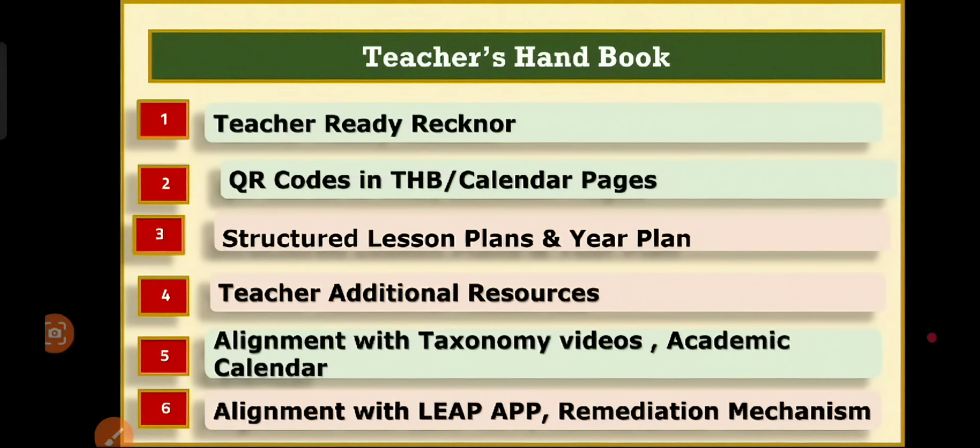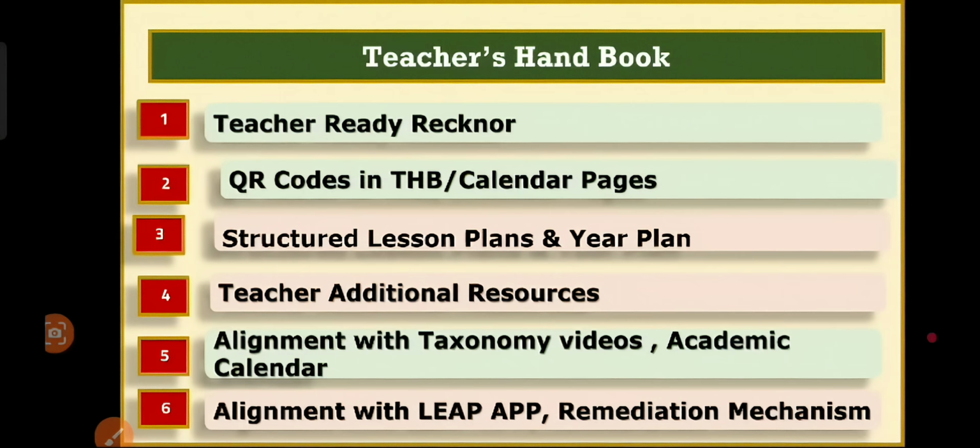And the second one, in the calendar pages, for every lesson we have given a calendar showing which topic has to be taught on which day, and along with that we have given QR codes. Through those QR codes we can access the lesson plans along with the period plans. Here we also included the structured lesson plans and year plan, and teacher additional resources which are required.